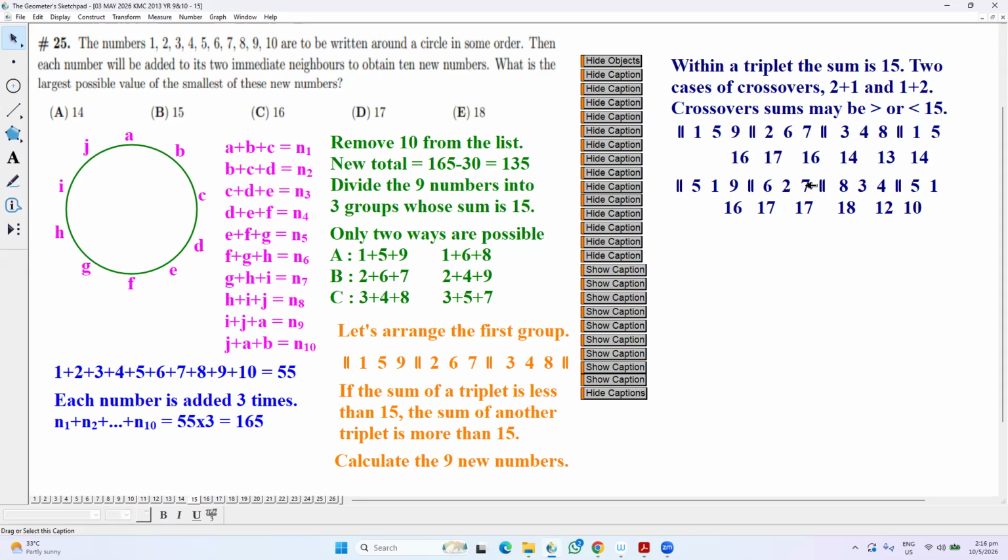So 2, 7 plus the 8, 17. 7, 8, 3, 18. 3, 4, 5, 12. Then 4, 5, 1 is 10. This is okay. Why is this okay? Because only two small numbers.